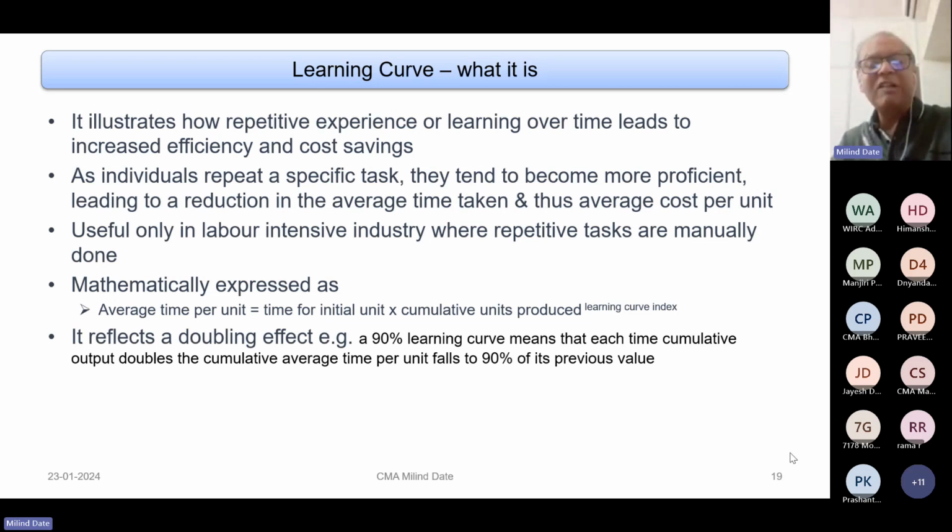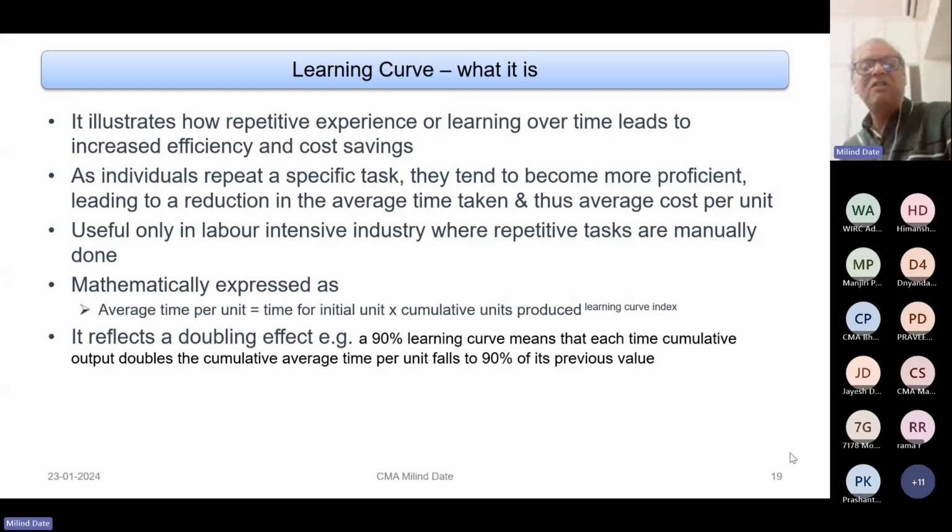So it reflects a doubling effect, as I said. 90% learning curve would mean that each time cumulative output doubles, the average time taken per unit will fall to 90% of the previous value.